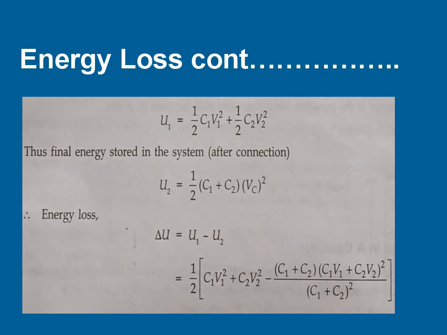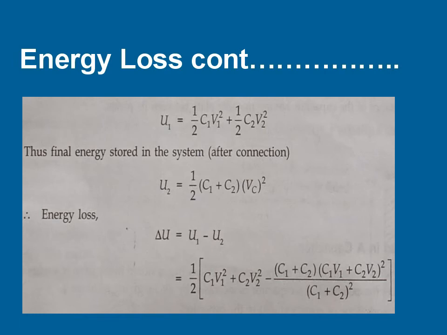U2 is equal to half. Now as they are connected in parallel combination, what is the equivalent capacitance? C1 plus C2. And the common potential, you know from the previous slide, the value of Vc. You can put the value of Vc here. In place of Vc you get C1 V1 plus C2 V2 whole square upon C1 plus C2 whole square. Mark it as equation 2.